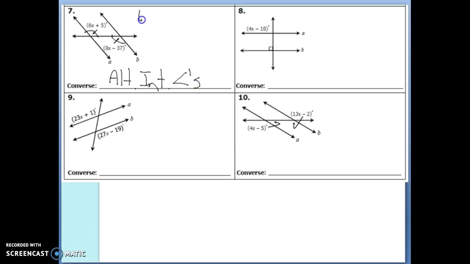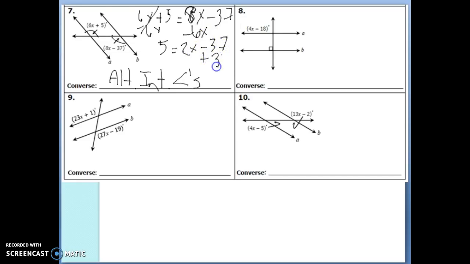So if they're alternate interior, then they are congruent. 6x plus 5 equals 8x minus 37. To get x by itself, we subtract 6x from both sides. So 5 equals 2x minus 37.